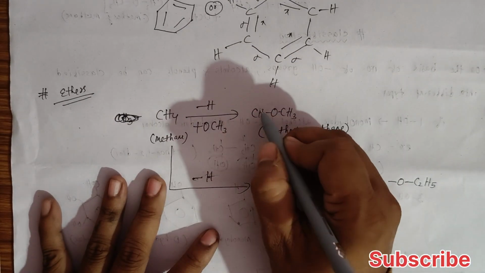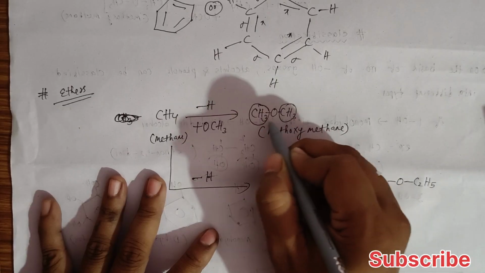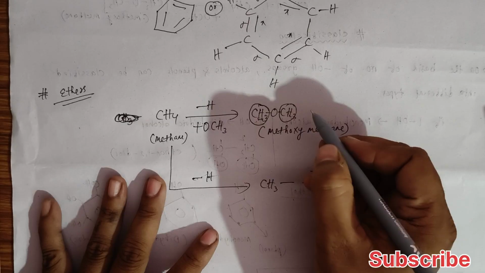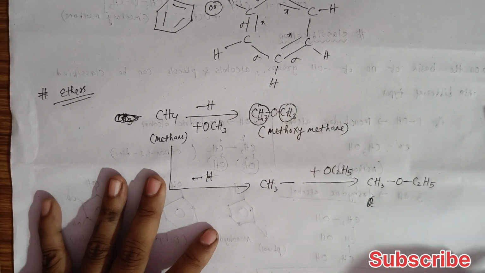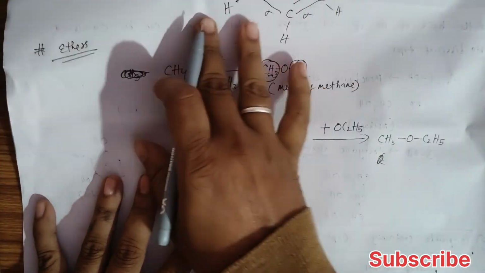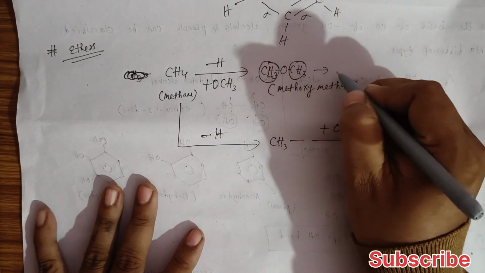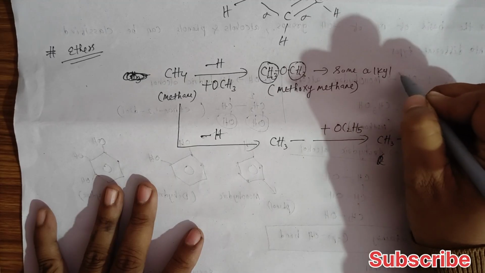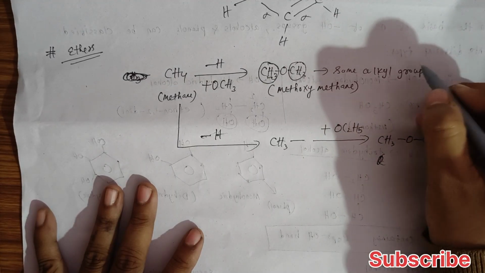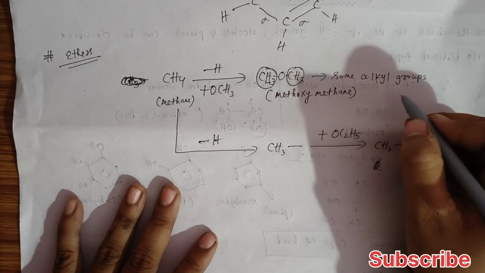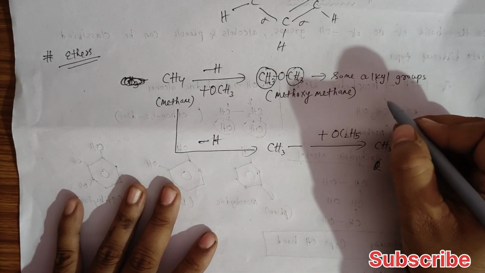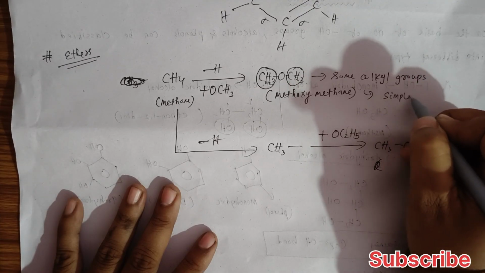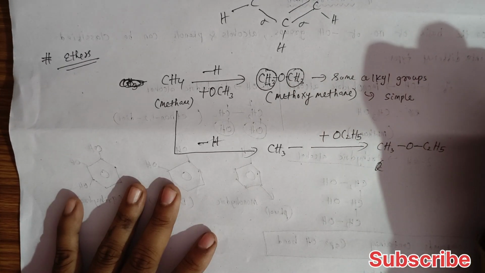If you clearly understand, on both sides of oxygen, 2 methyl groups are present. That means the same alkyl groups. So this is our classification. If the same alkyl groups are present along the sides of oxygen, then it is called a simple ether.